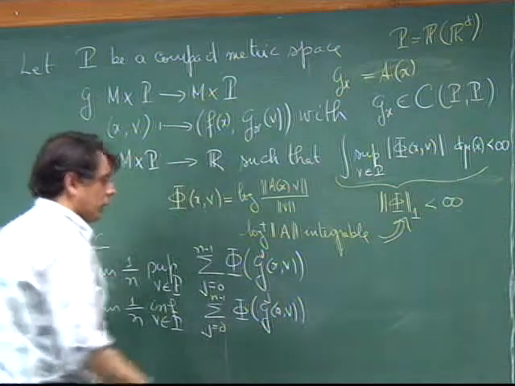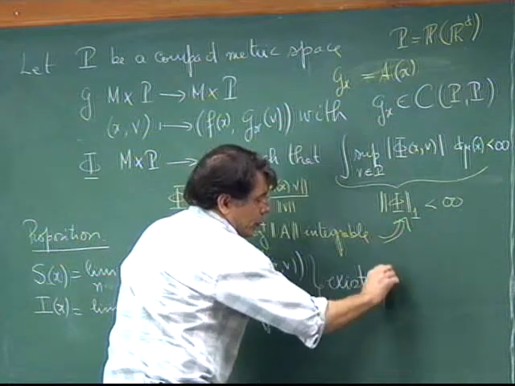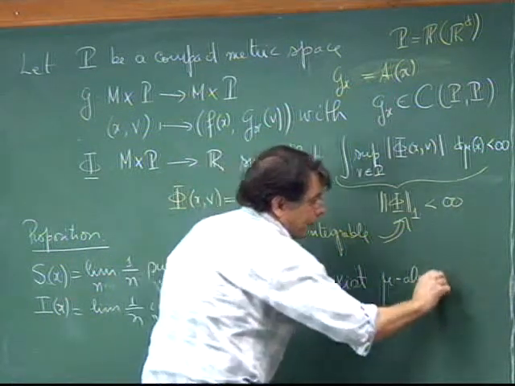So these two limits exist mu almost everywhere.